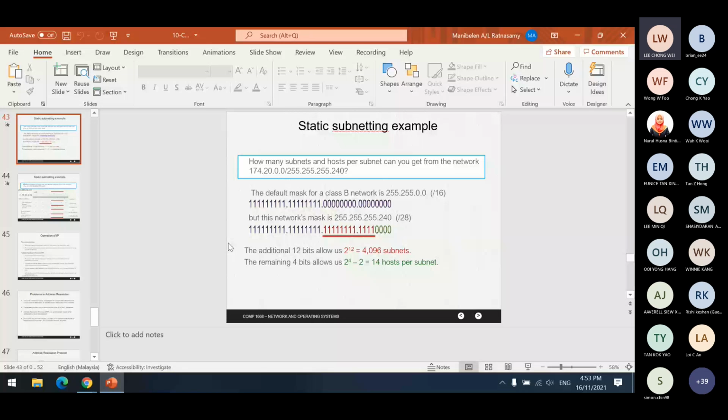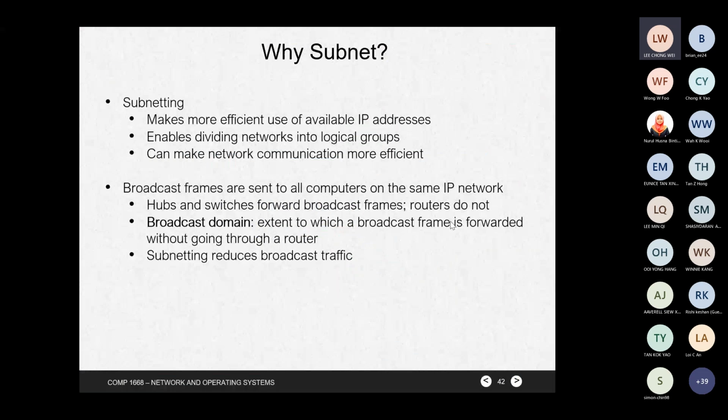Why subnet? Please read through. It makes more efficient use of available IP addresses. It enables dividing the network into logical groups, so we can have different logical groups. For example, we can have accounting group, HR group, lecturers group, marketing group. Just with IP address it is very difficult.